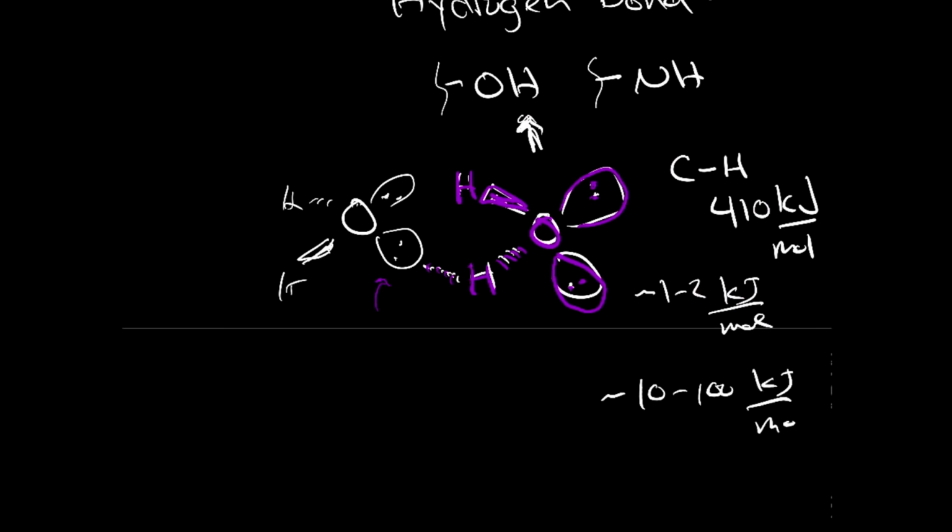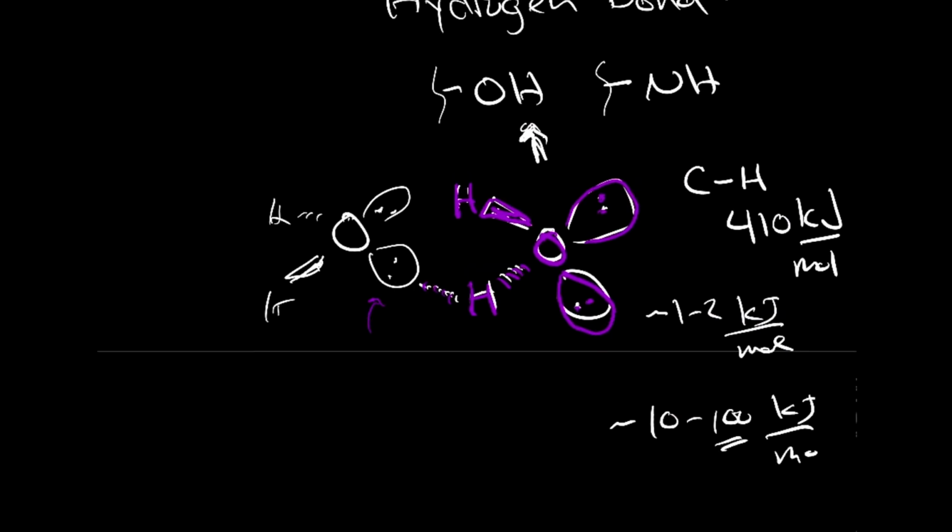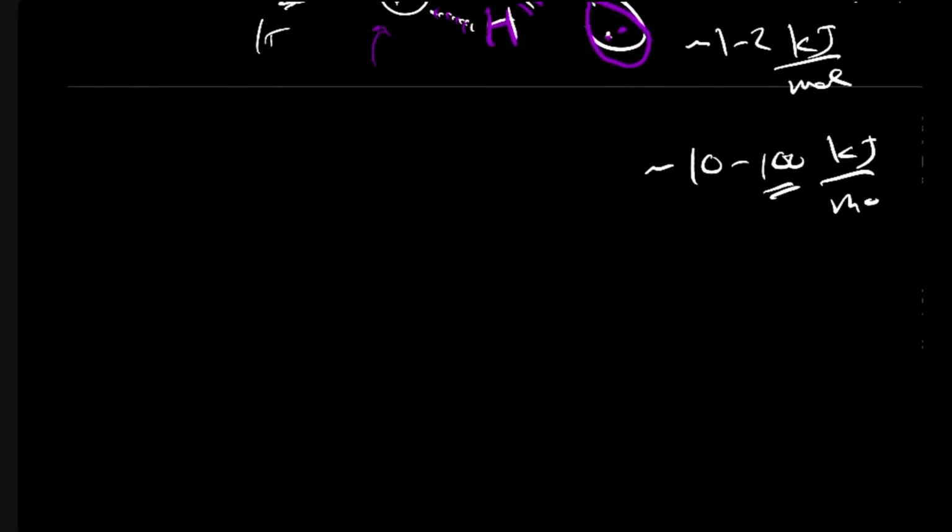And of course, 100 kilojoules per mole would be in the very strong, anomalously strong hydrogen bond range, but 10 kilojoules per mole, that's enough to start stabilizing liquids and solutions and actually starting to make a difference, okay, in how things are associated.